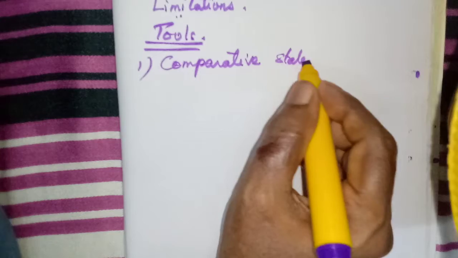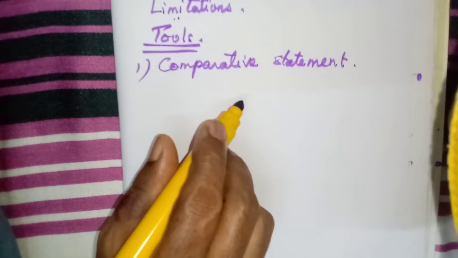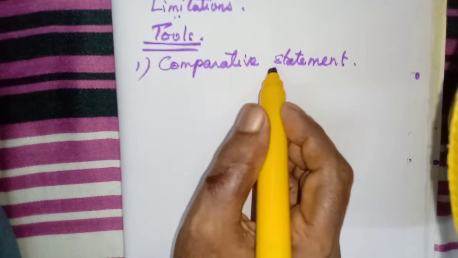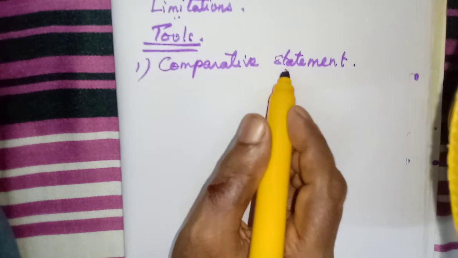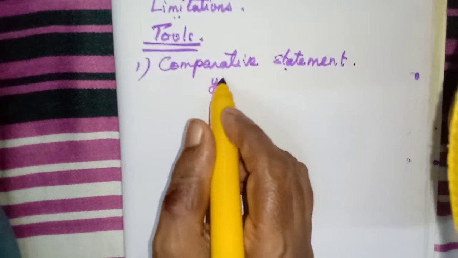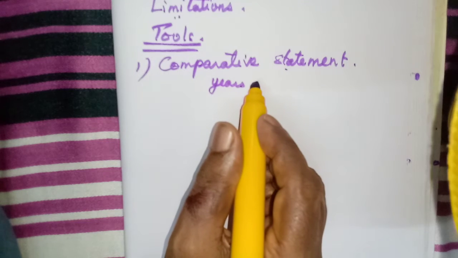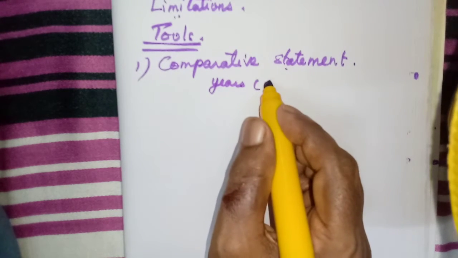Here only we are going to do the problems. Comparative statement. Here both the income statement and the balance sheet we can compare, different years of the same organization, or different firms also.